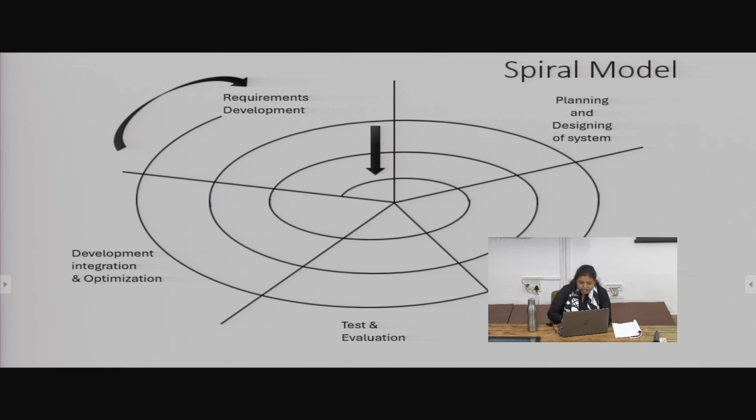Okay, so in the spiral model, this step-by-step approach is very useful these days. The customer is very important, the stakeholders are becoming very important these days. The requirements generated need to be fulfilled, but how will you fulfill them if you do not understand the things clearly? So you can say it's a kind of agile structure.